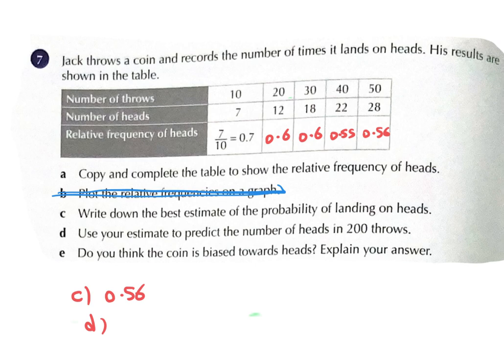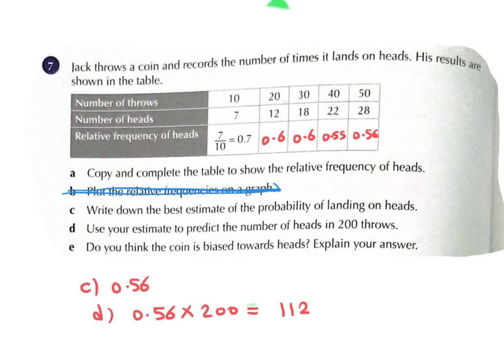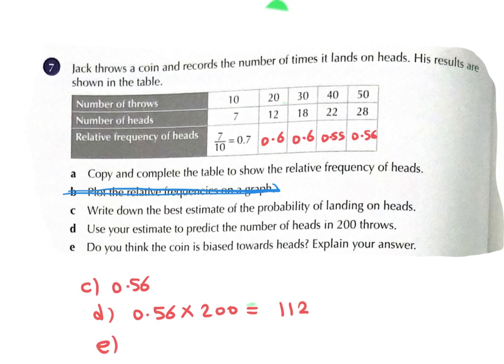Yes, Abu Bakr, how do you do it? So we multiply 0.56 by 200, which gives us 112. We multiply the probability by the total number of throws. So 112.